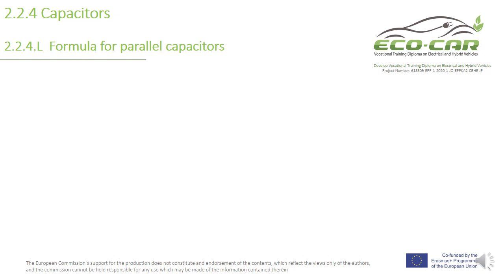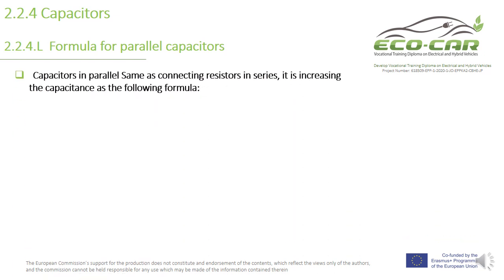Formula for parallel capacitors. Now we have parallel capacitors. The formula for this is the same as for resistors in series. So capacitors in parallel are the same as connecting resistors in series, so it increases the capacitance, as you see in this formula.